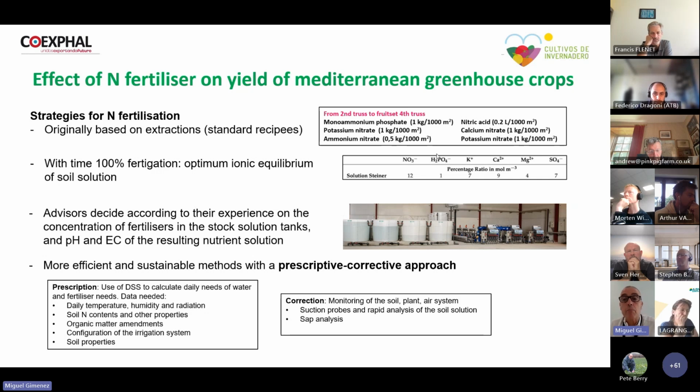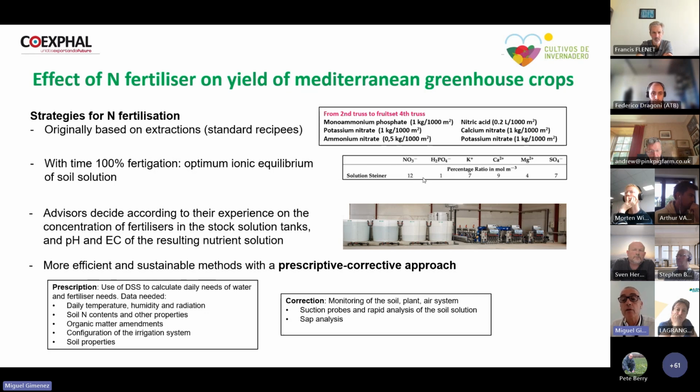So as an example here, you can see the Steiner solution, which was widely used in soilless crops years ago. So this was taken as an initial step that was adapted with experience to the different types of soils and varieties.